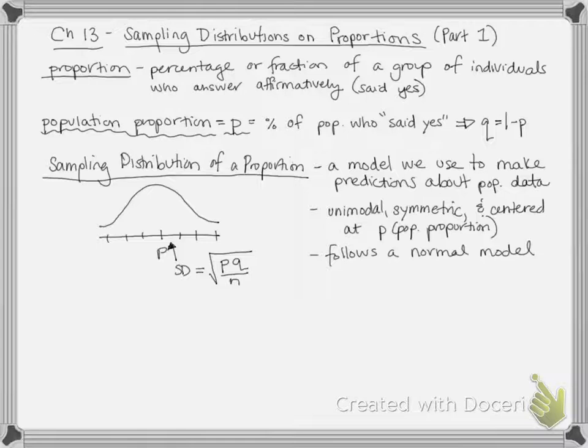So if it follows a normal model and the standard deviation is the equation that you see there, then what we want to think about is what's going on with the model as a whole.